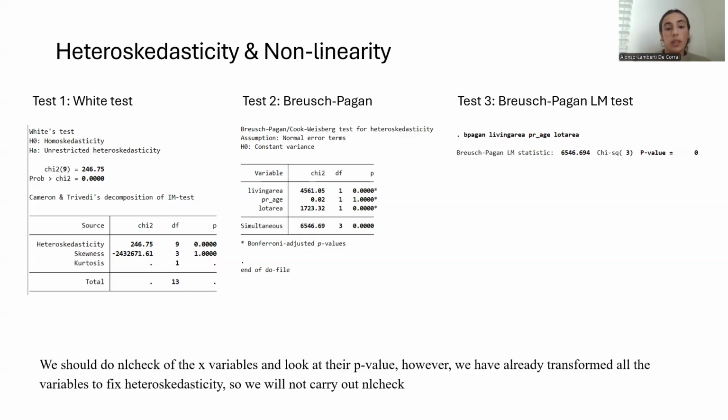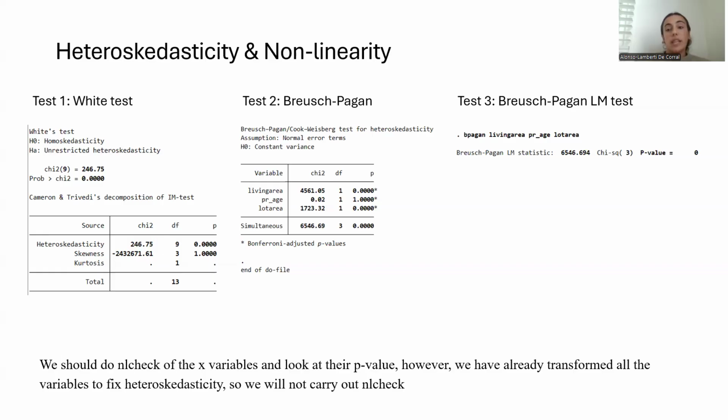What we have to do when this happens is add comma robust at the end of our regression, and then compare all of our variables, x and y, to the normal distribution graph to see if they follow a normal distribution with the command kdensity in Stata.